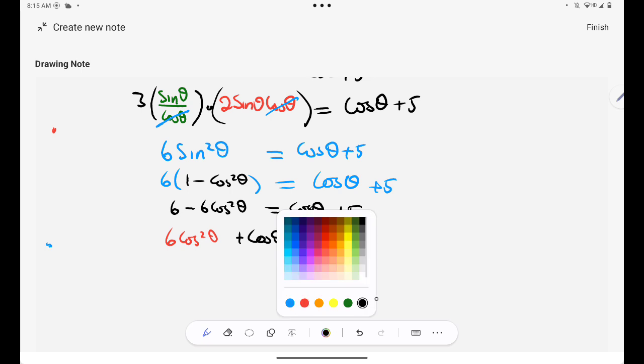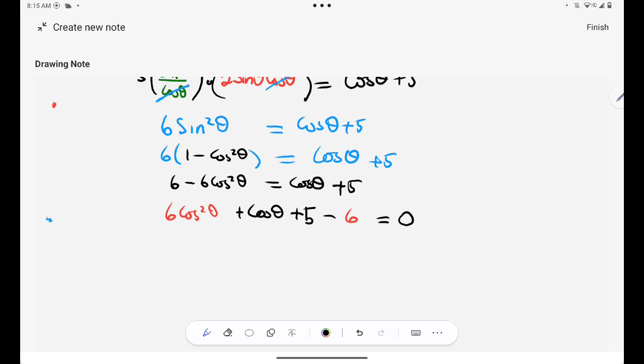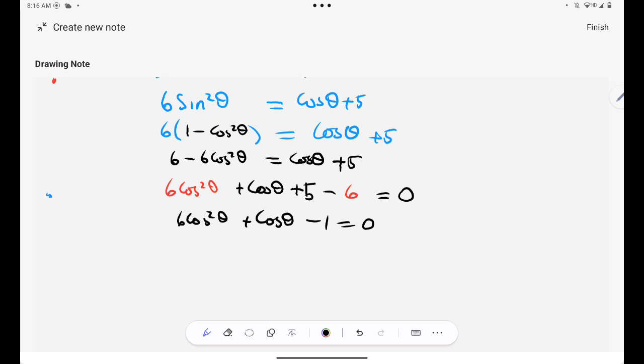The ones that are written in red come from the left hand side. Are you together? This simply means that I have 6 cos squared theta plus cos theta minus 1 is equal to 0. This thing is factorizable, isn't it?